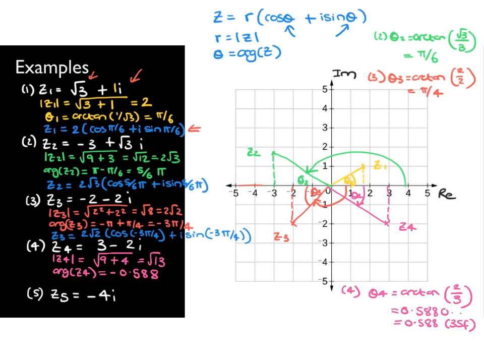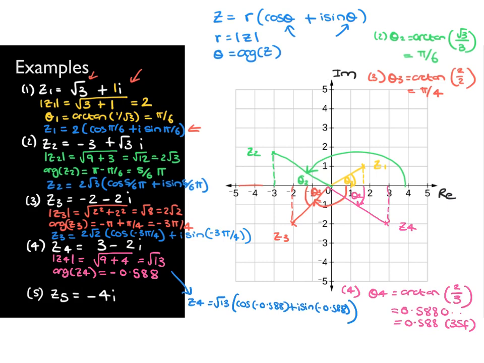So z4, and I think I might just move it over here so that you can all see it, z4 in mod arg form is root 13 cos of negative 0.588 plus i sine negative 0.588. And then we have z4. Now the last one, very, very simple to actually see this one.